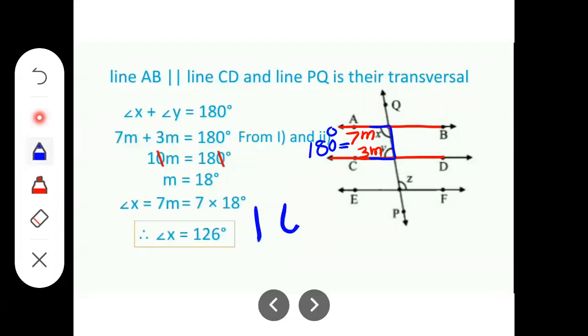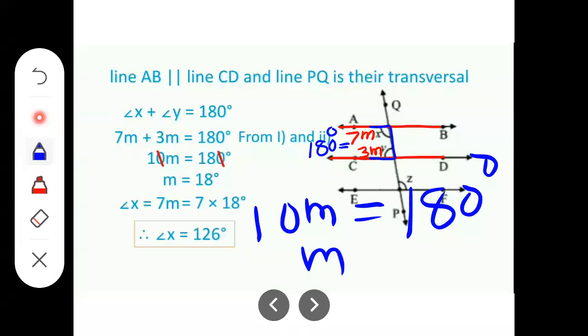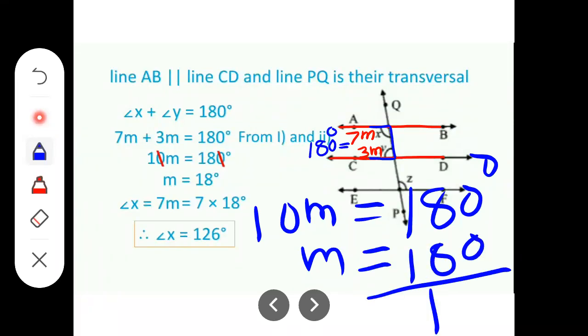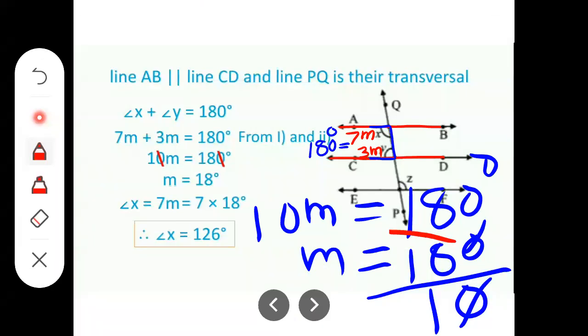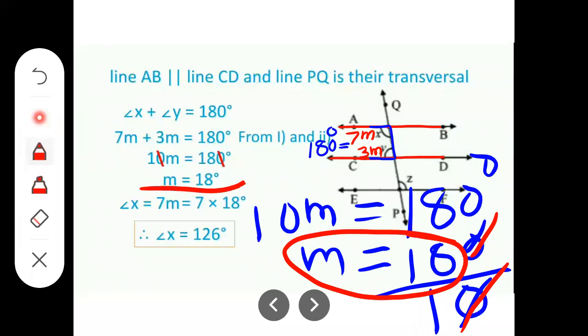So 10m equals 180 degrees. To find the value of m, m equals 180 degrees divided by 10. The zeros get cancelled. What will be the value of m? Here, what remains? m equals 18 degrees.